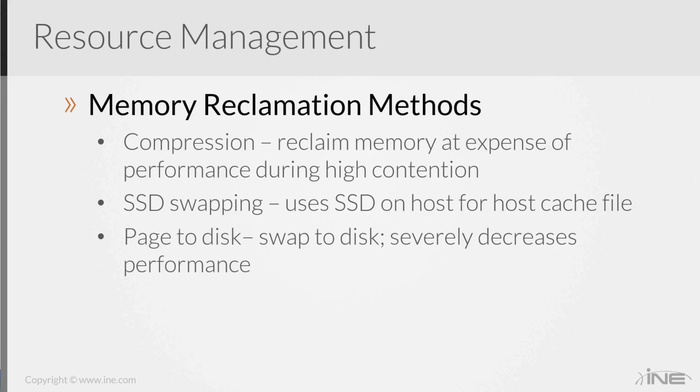Paging is the last resort due to the performance penalty it places on the disk, as well as the fact that reading and writing to disk is a lot slower than reading and writing to memory. What we should also note is these methods would only be used during a contention for resources.